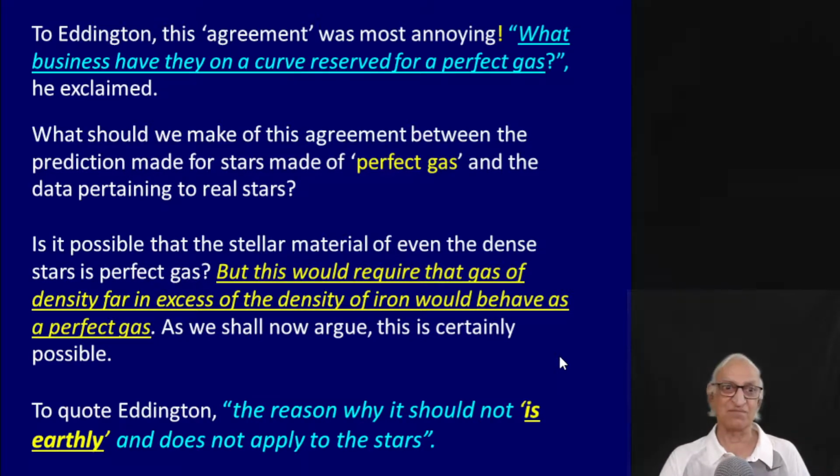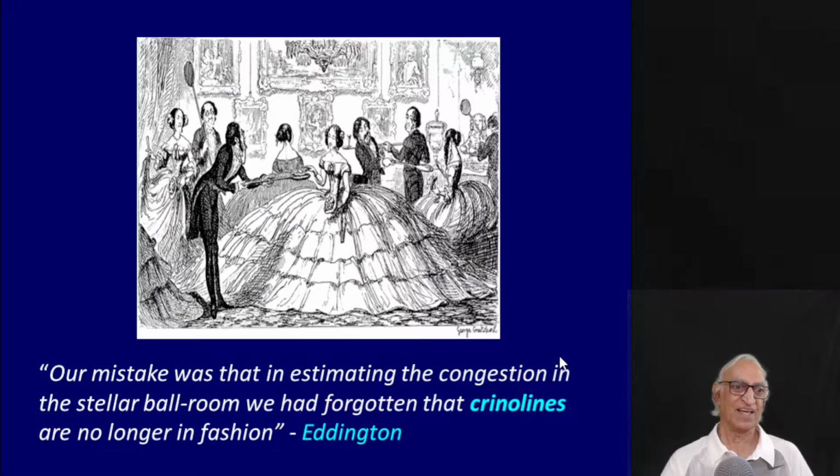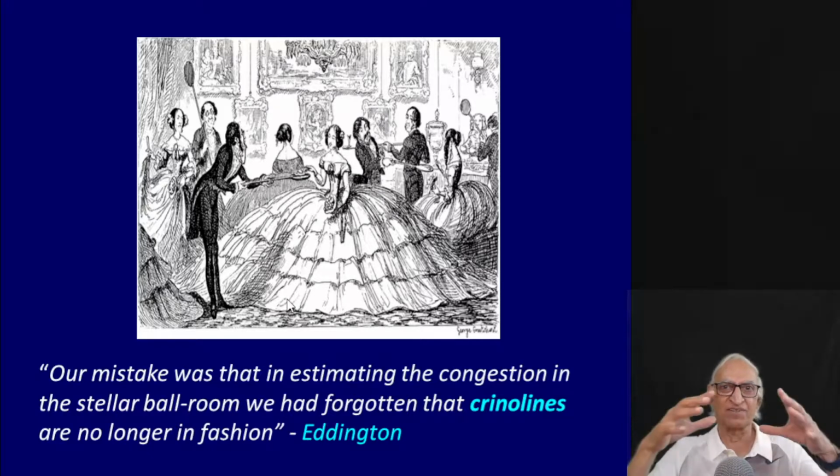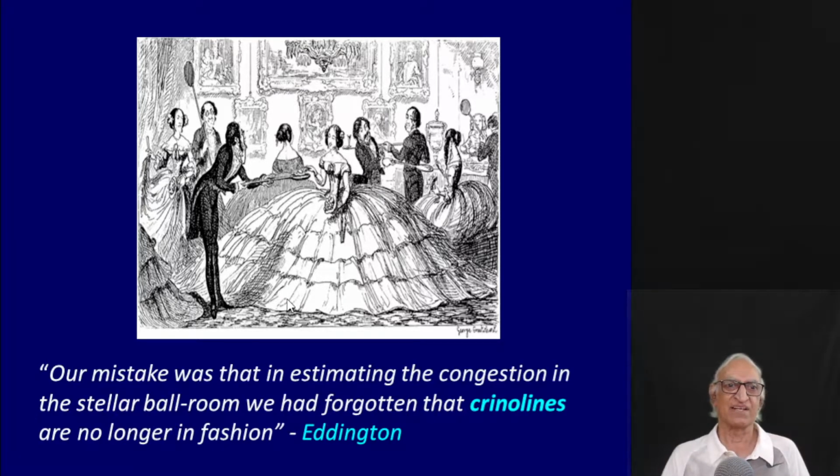Beautiful argument, and this is the way he writes the book also. So he says, our mistake was that in estimating the congestion in the stellar ballroom, we had forgotten that crinolines are no longer in fashion. Crinolines are these gigantic skirts with a bamboo support that women wore in Victorian days.